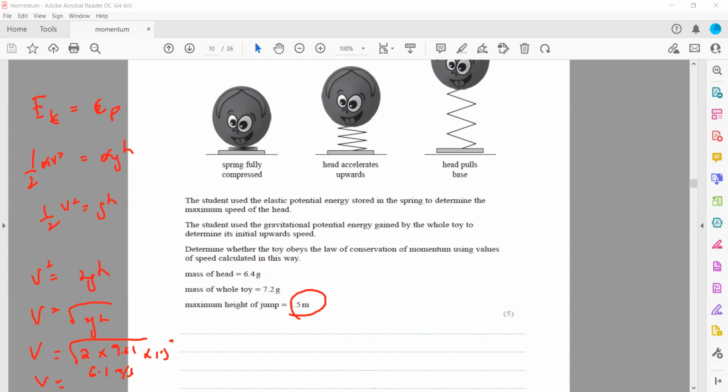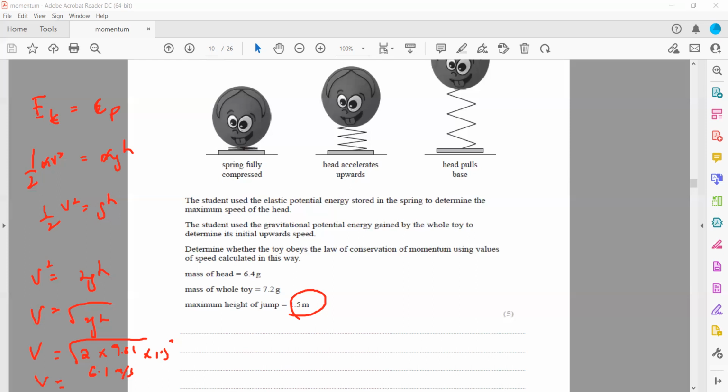The total momentum before collision should be equal to total momentum after the collision. So this 6.1 meter per second is the speed of the head. Now, what will be the speed of the whole toy? Because we want to show the momentum is conserved.